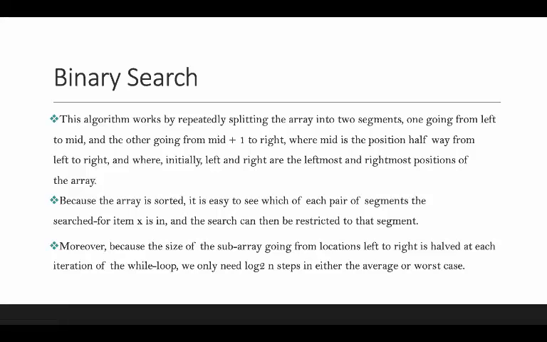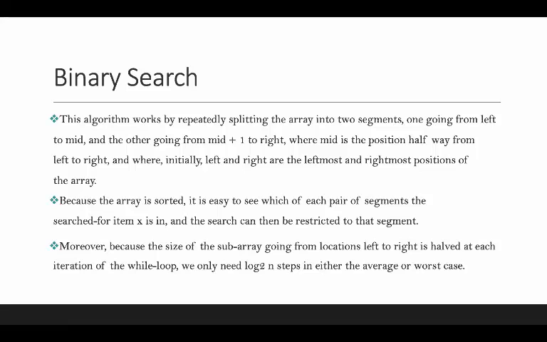One requirement in binary search is that all the elements are to be sorted beforehand, before applying this algorithm. Because the array is sorted, it is easy to see which of each pair of segments the search for item X is in, and the search can be restricted to that segment only.